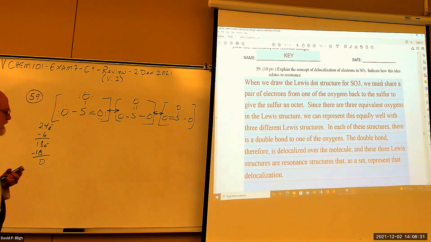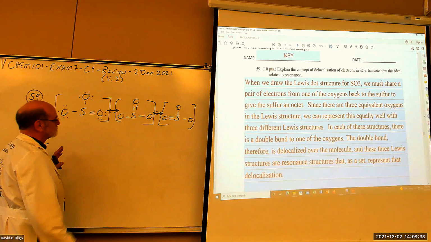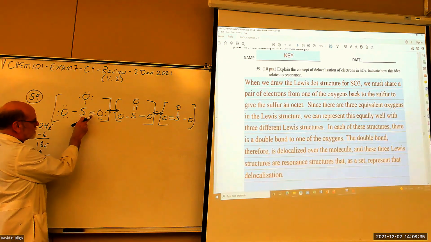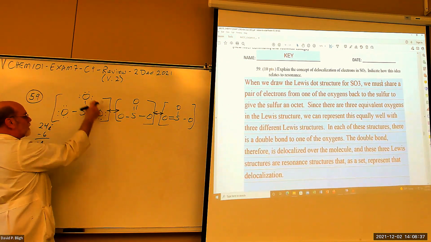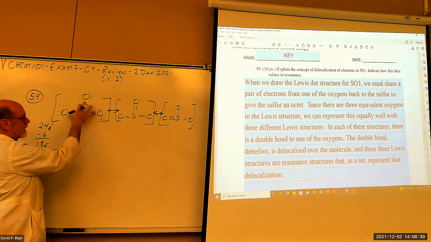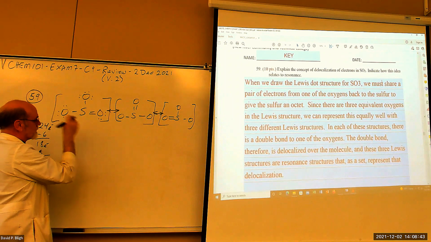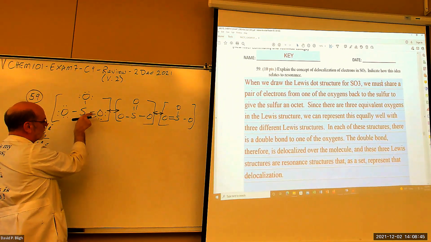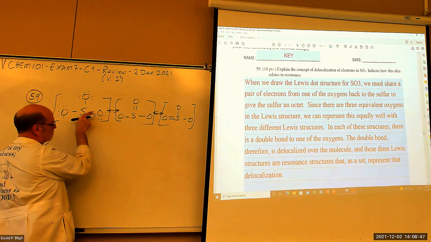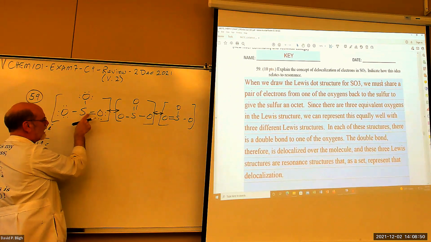So the concept of delocalization says that we know that all of these bonds are equivalent in length and strength. Right? So delocalization says that this is not really a double bond.